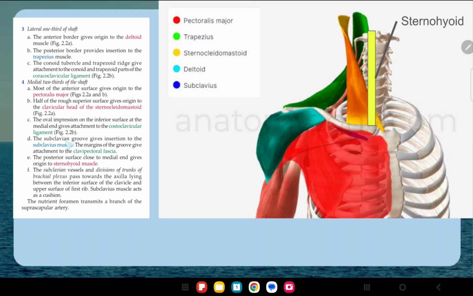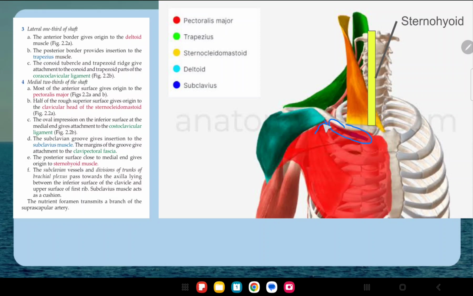Next, the subclavian groove gives insertion to the subclavius muscle. The margins of the groove give attachment to the clavipectoral fascia. If you zoom in and see it a bit clearer, not red, blue. This is the inferior surface of the clavicle, and there's the muscle.